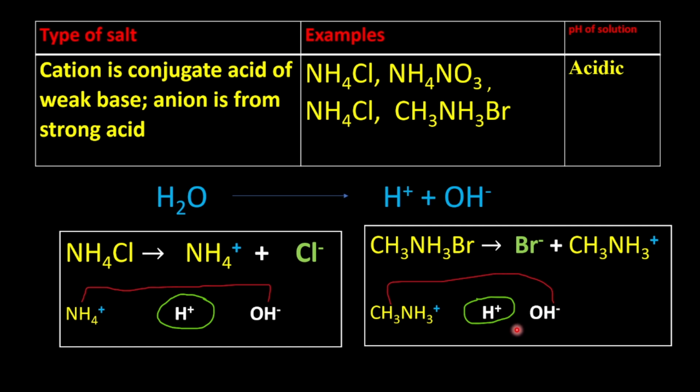So since this part is positive, it will go in for OH-. So what is left behind? It is H+, and that is an indication that it is acidic. So take note of that. Whenever you are given examples, you can just apply this simple trick and you are good to go.